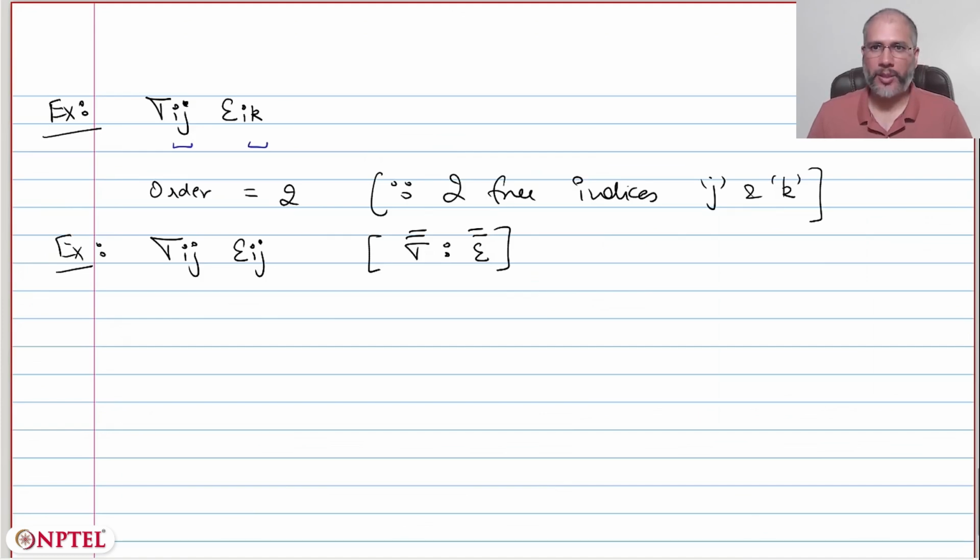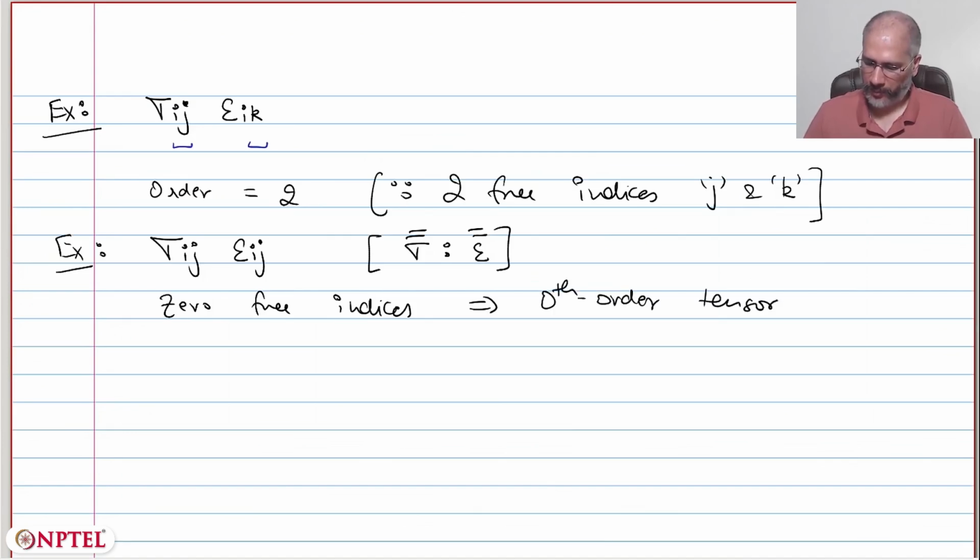What we notice here is that there is no free index, because both indices i and j are repeated. So since the number of free indices is 0, this is a 0th order tensor, or a scalar.